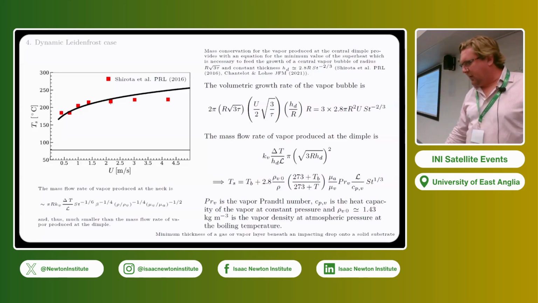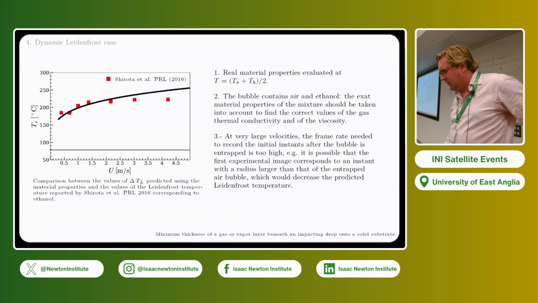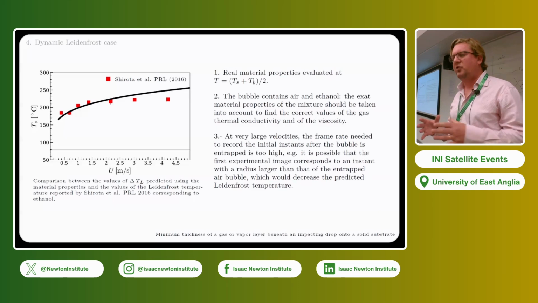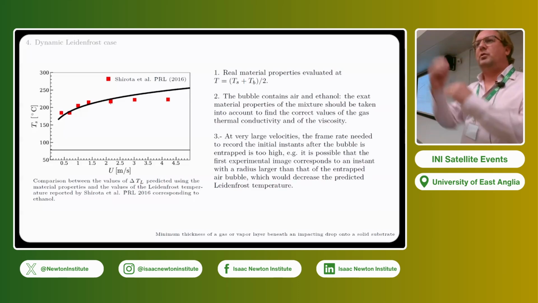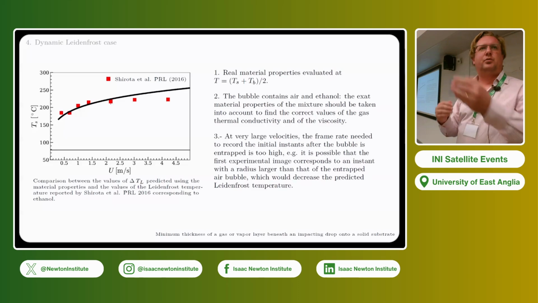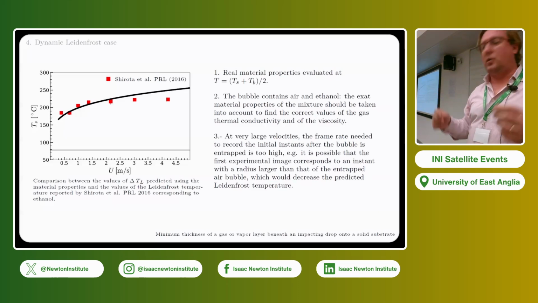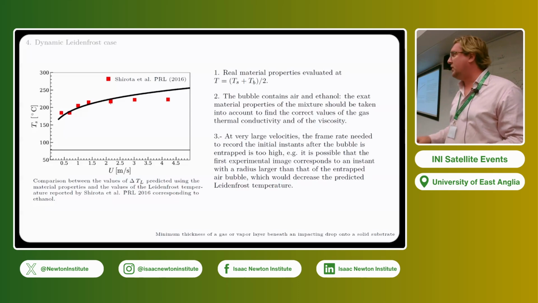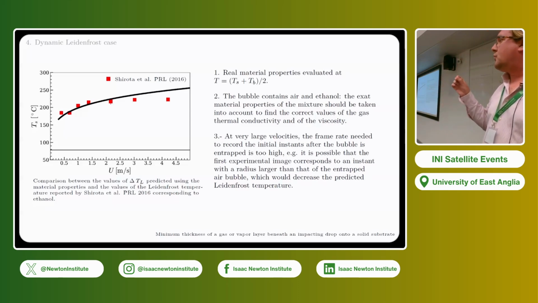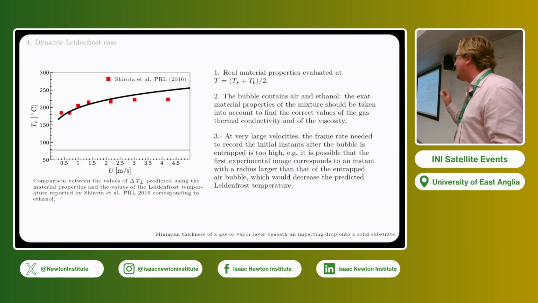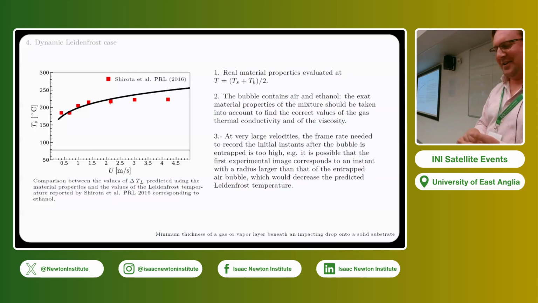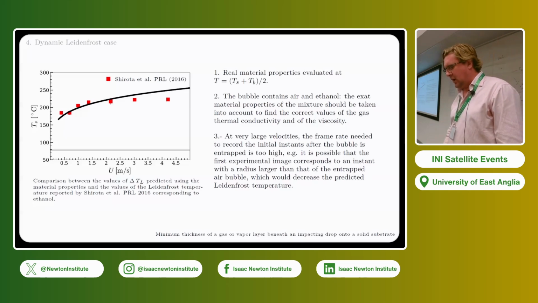And we think that in this case, the frame rate is not sufficient to observe the transition between no contact and contact, because for this velocity the contact is done at a radial position close to the center. So it's difficult to have this measurement.